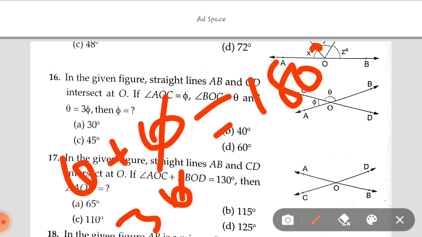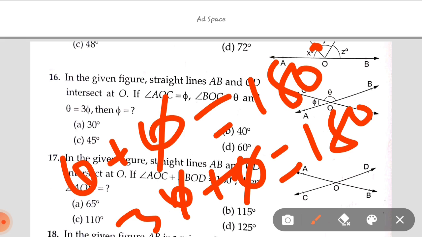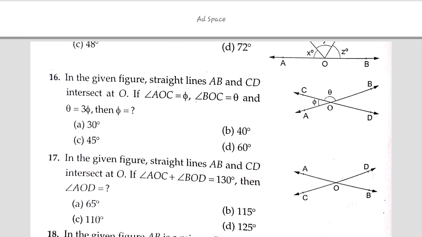Now 3 phi plus phi is equal to 180 degrees. From this, phi is equal to 180 by 4, that is phi is equal to 45 degrees. That is the answer.